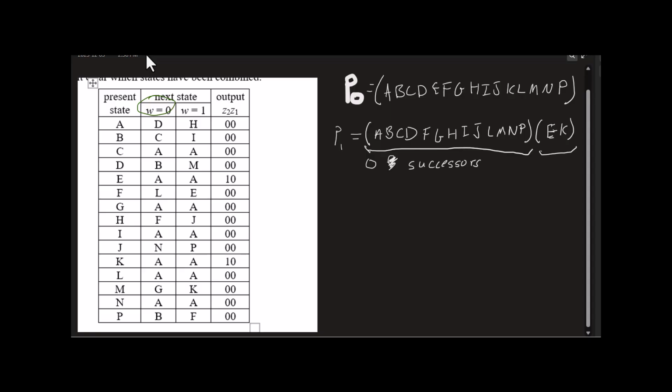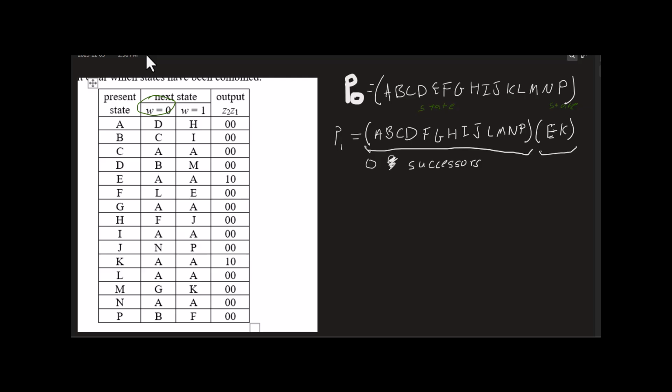Well, what do we mean by next state? Right now, this whole group is a state, and this whole group is a state. So I want to see, of the ones in this first group here, how many of them have, when W is 0, their next state in this same group.